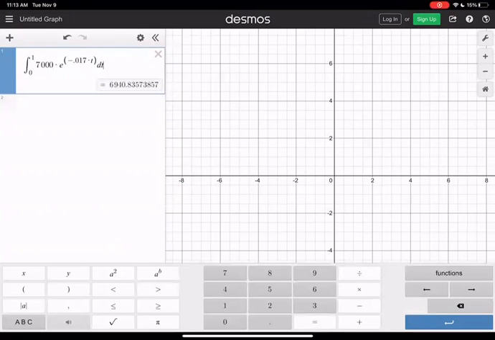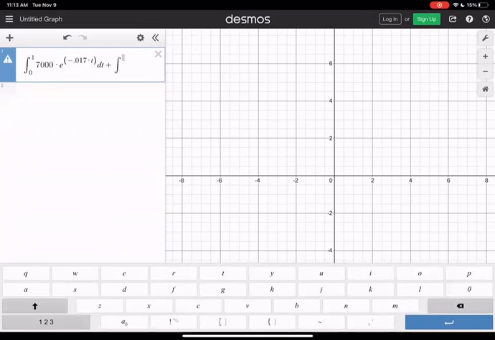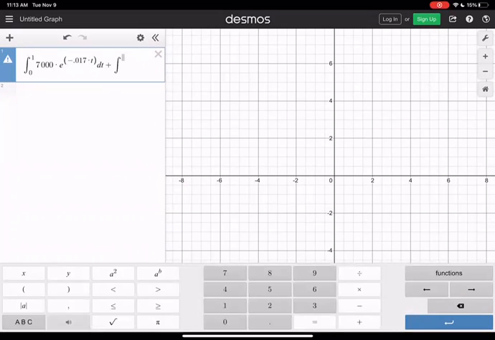And then to that, not done yet, I'm going to add the integral, int, lower bound of 1, upper bound of 8. Here I'm just clicking to get into those upper and lower bounds. And then I have the integral.